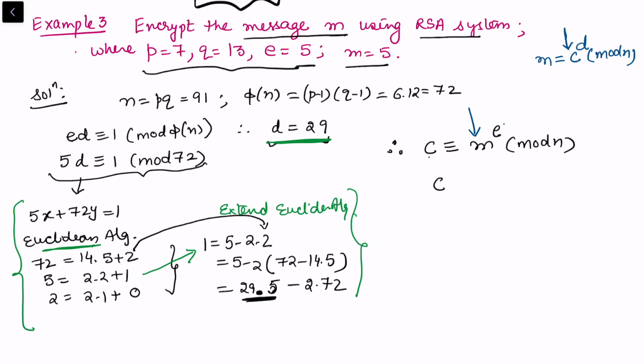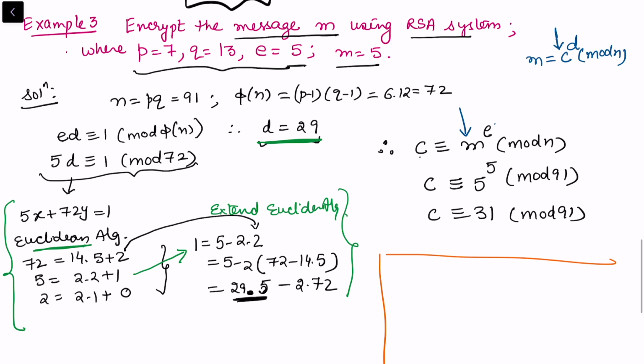So here C is congruent to M, which is 5, to the power E, which is 5, mod 91. So C is congruent to 31 mod 91. And again, to find this 31, I have used the normal calculation of the linear congruence, like 5 is congruent to 5 mod 91.